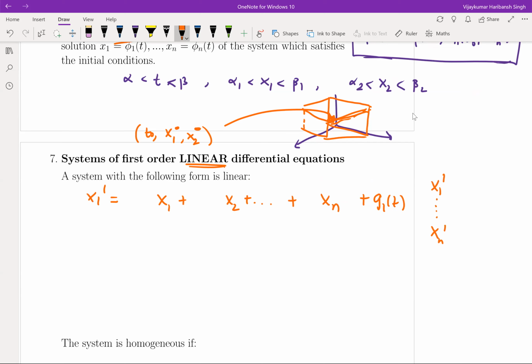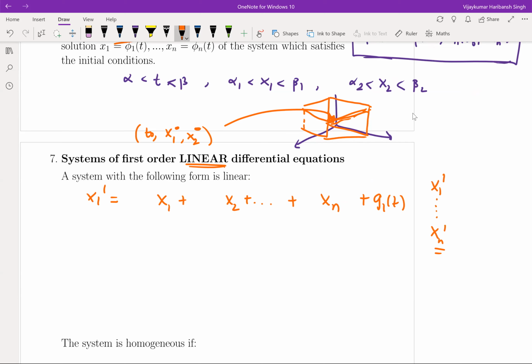Now linear generally means the coefficient is constant, but here we are basically discussing linear over the functions of one variable.